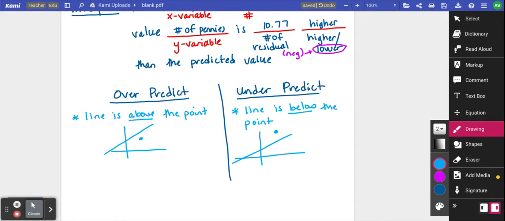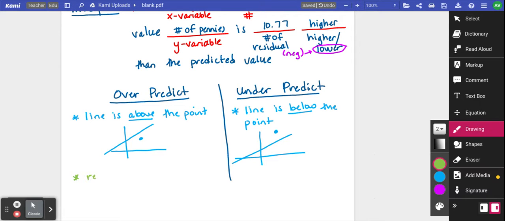However, we don't always have a graph. So another way to determine whether you have an over prediction or an under prediction is when you have a residual instead of having an equation.